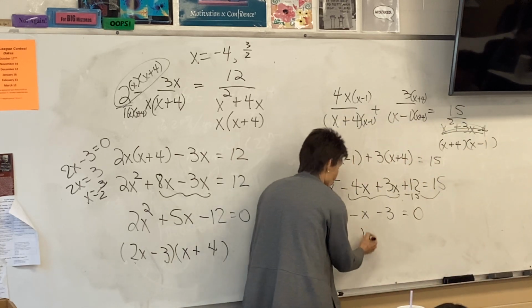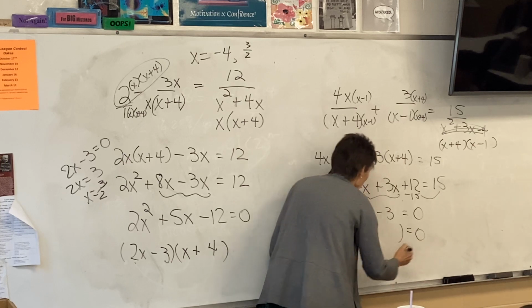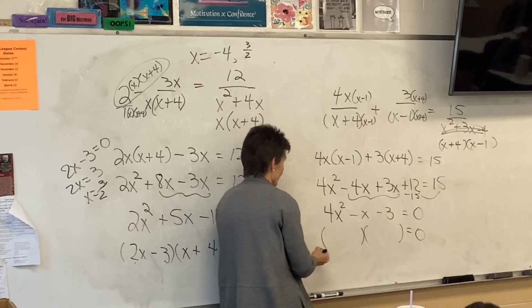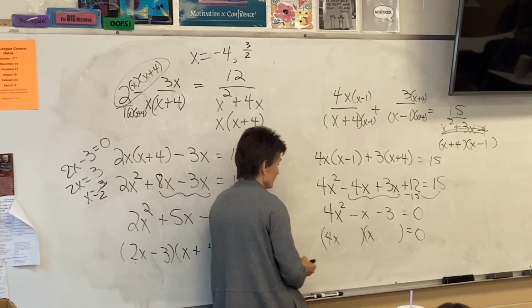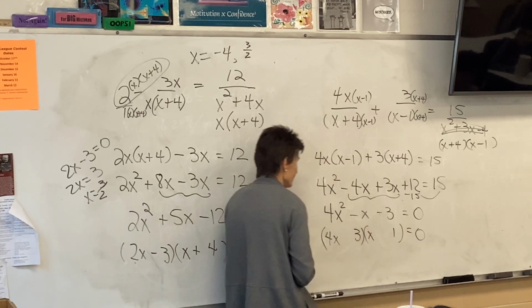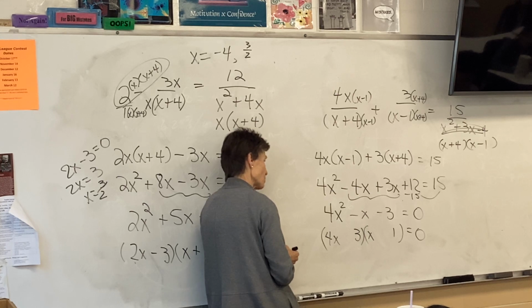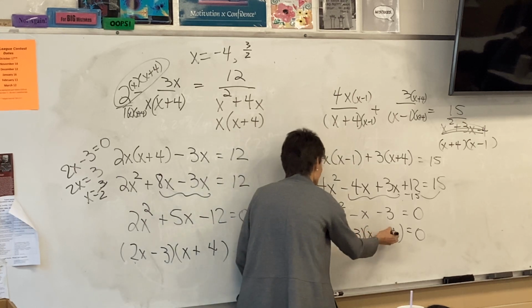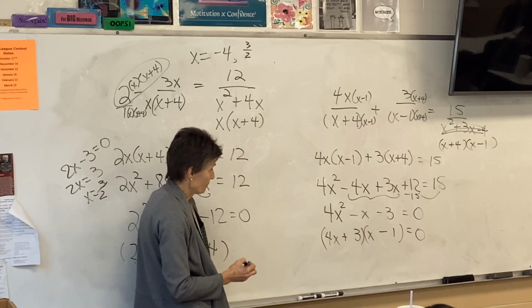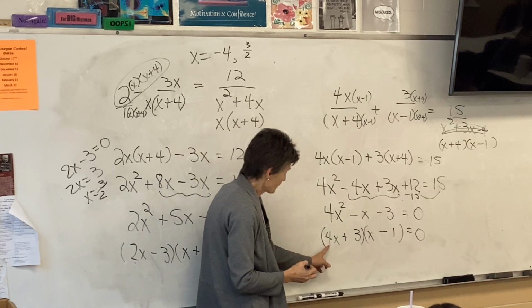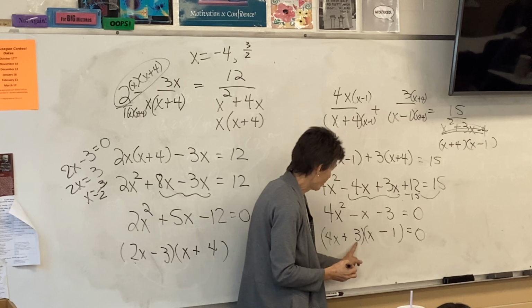Alright, I'm gonna try to factor this. I hope it factors. I'm gonna try 4 and 1, and 3 and 1, and hope that things work out for me. That's gonna be negative 4, positive 3.